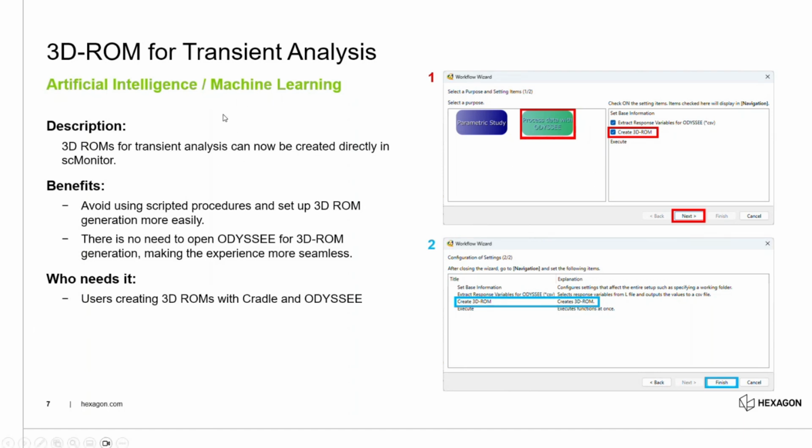In this release, what's made easier is that in the monitor, you can now create those 3D ROM, three-dimensional reduced order models, the info that is sent to Odyssey.